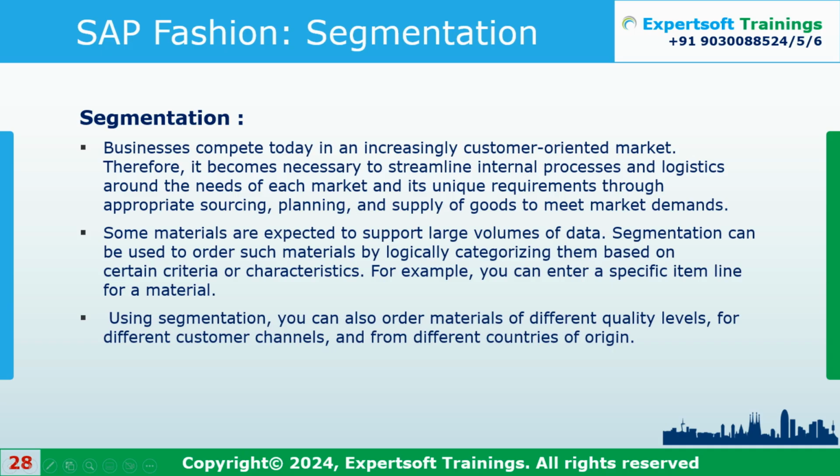It originates from the sales demands, and to fulfill the sales demand, there has to be an equivalent stock. People with a background in sales and distribution will prefer the segmentation topic. For MM, there is not much of an overlap, but segmentation will come in mostly in MRP.